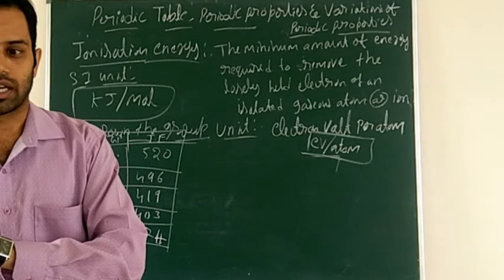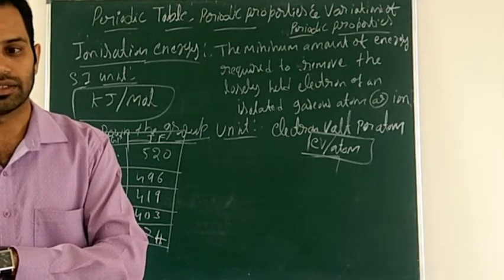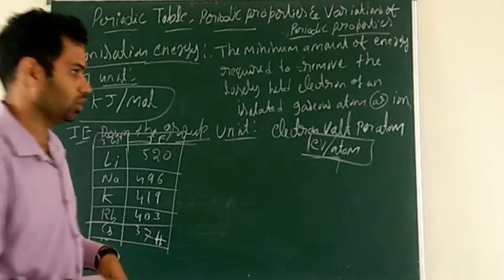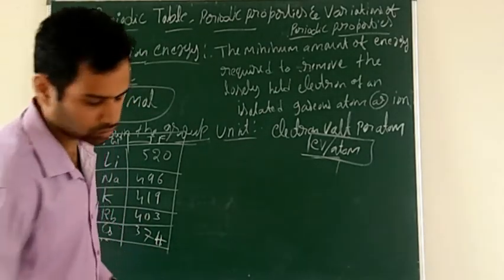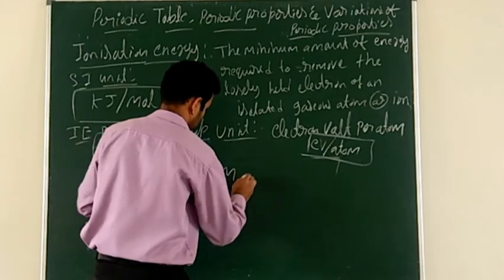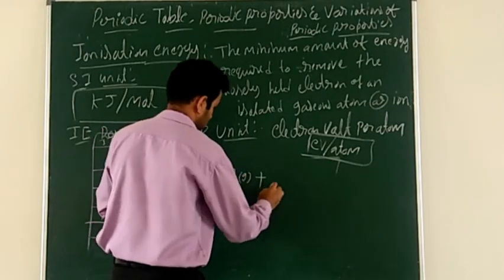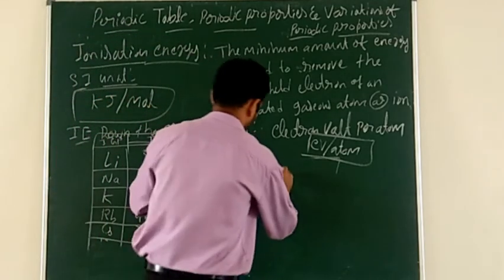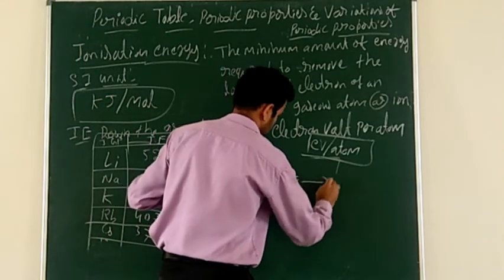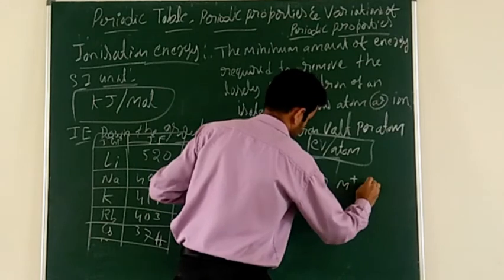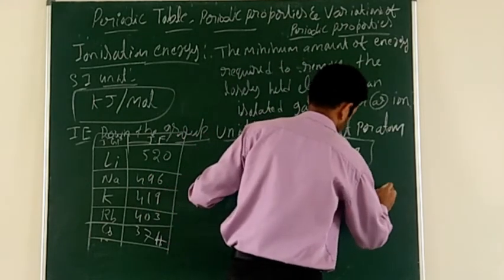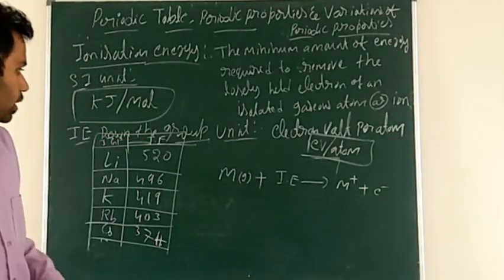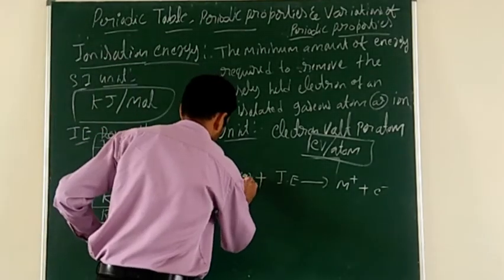It gains the positive charge. So it is a metal, is it? Only metals will gain the positive charge. So for example, M in the gaseous state, plus ionization energy, gives M plus and an electron.